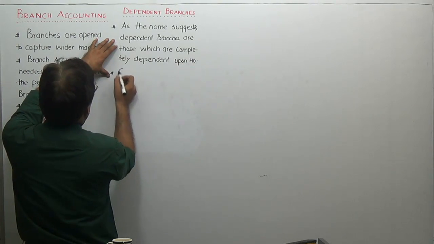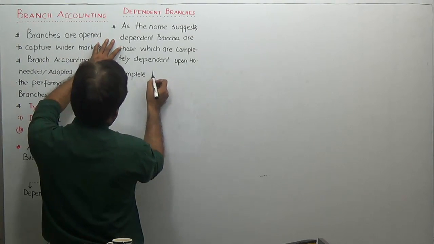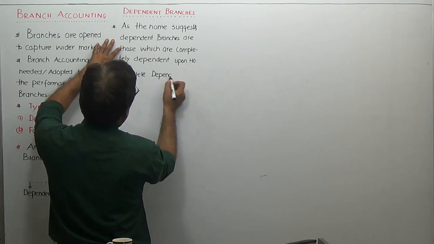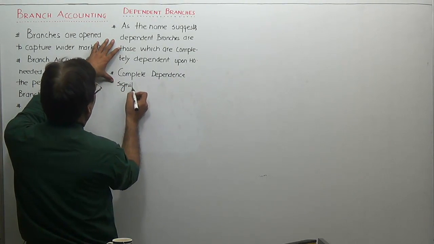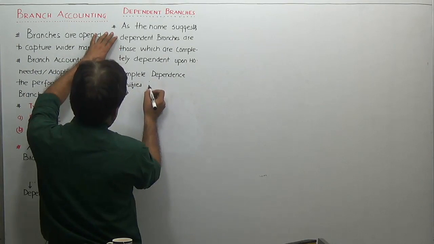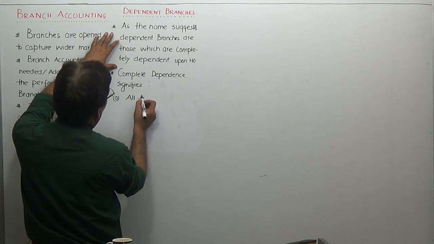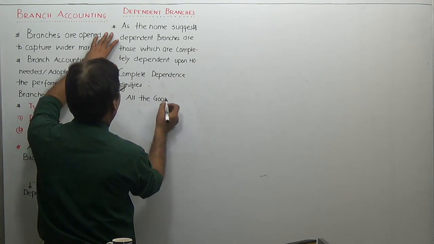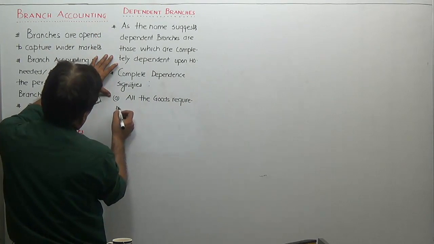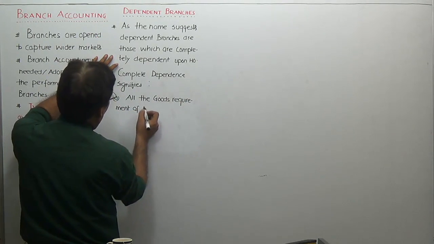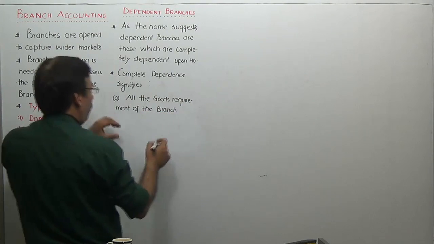Complete dependence signifies, A, all the goods requirement of the branch shall be met by head office.